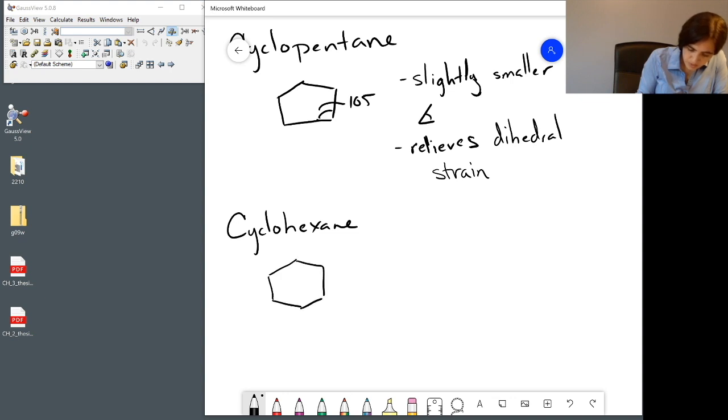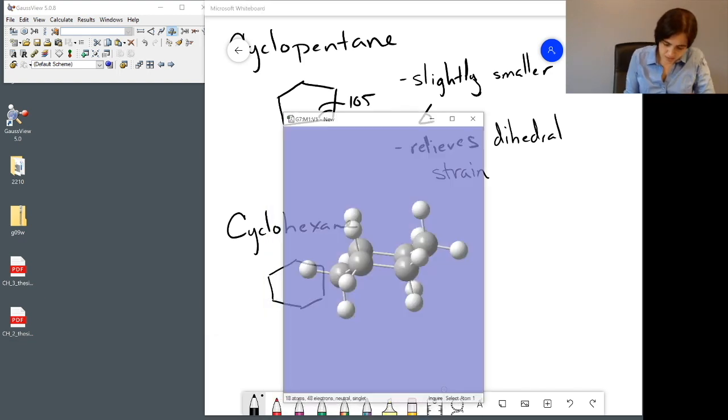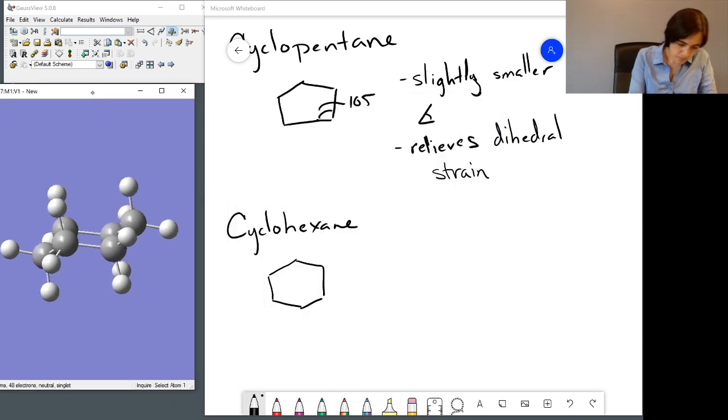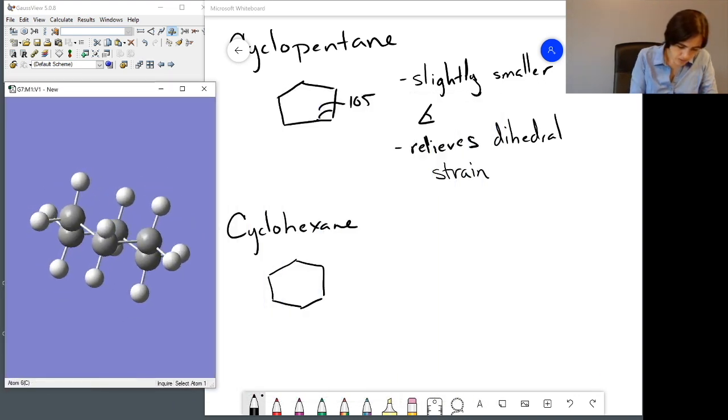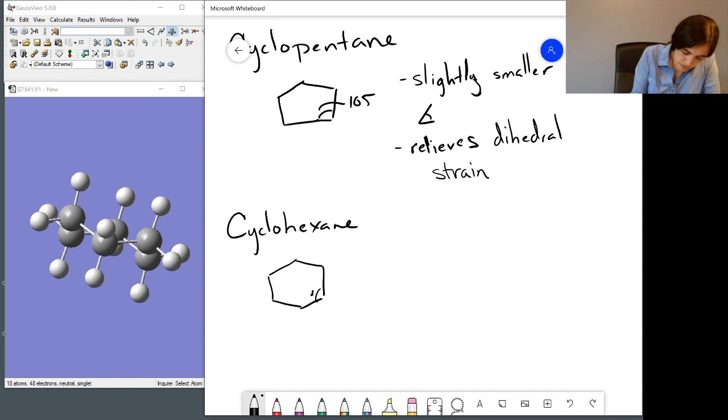All right, so as drawn flat, this would have 120-degree bond angles, but this would be over ideal, right? So this would be closer to an sp2 hybridized system instead of sp3. But when we look at this in a conformation where it can avoid fully eclipsing hydrogens, we see that this actually takes on a bond angle of 109.5.